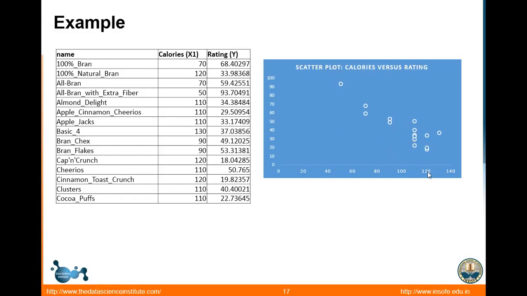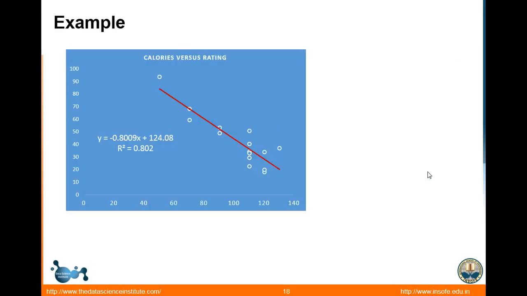So the equation that you can expect will be a straight line where the trend is downwards, like this.